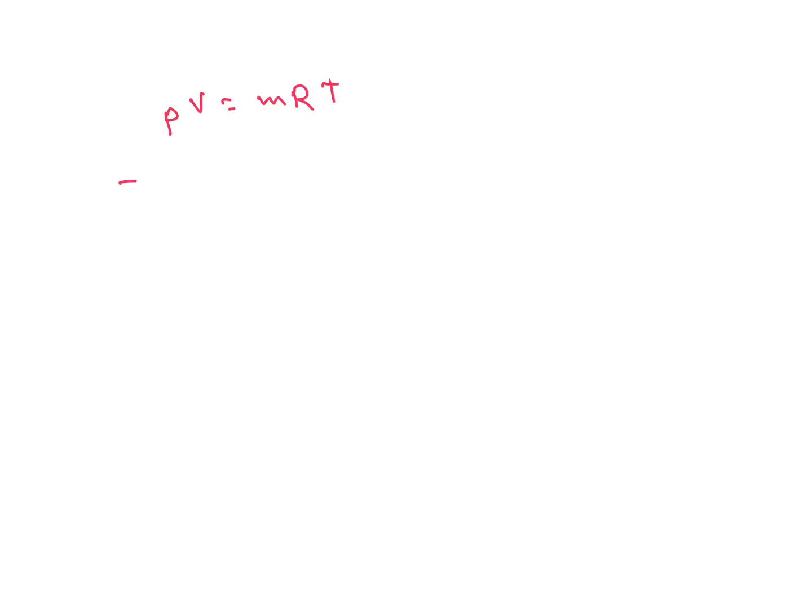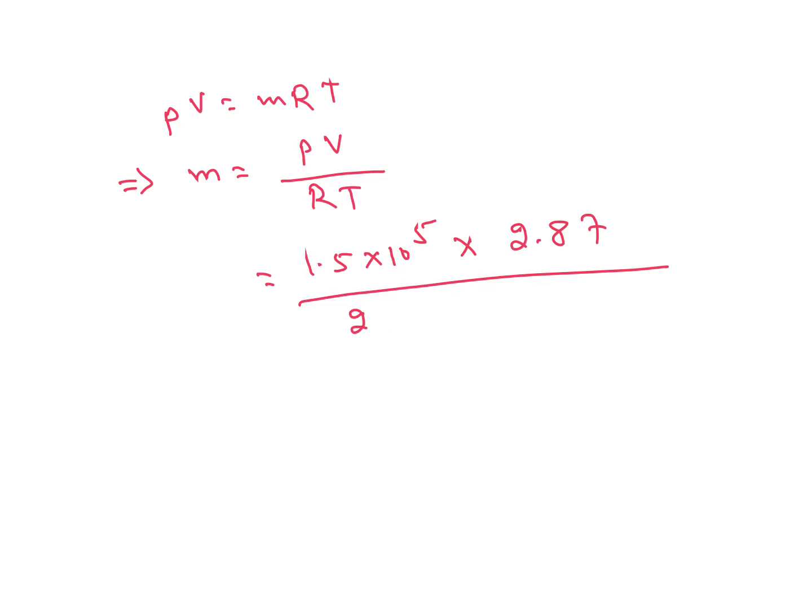So mass we have to find, PV divided by RT: 1.5 into 10 to the power 5, volume is given 2.87, R is 287, T is 300.